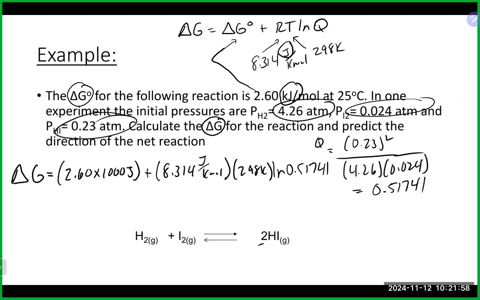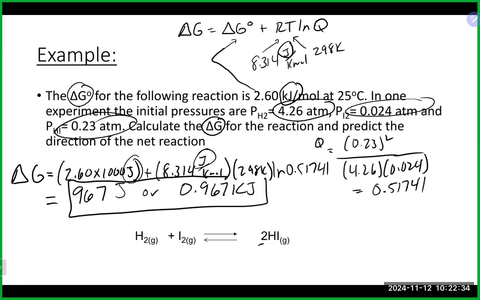We'll go 2.6 times 1,000 to convert it to joules. Again, we're going to add, not subtract here: 8.314 times 298 times the natural log of 0.51741. It looks like we end up with about 967. Because I did that conversion, this is in joules, although delta G is usually given in kilojoules, so if you divide by 1,000, it's 0.967 kilojoules.